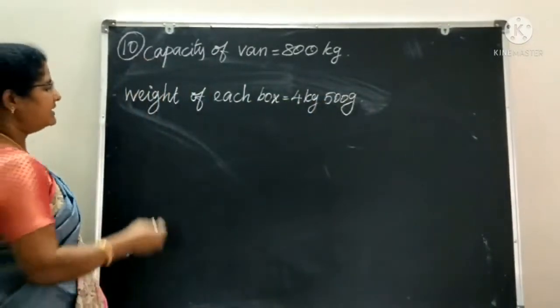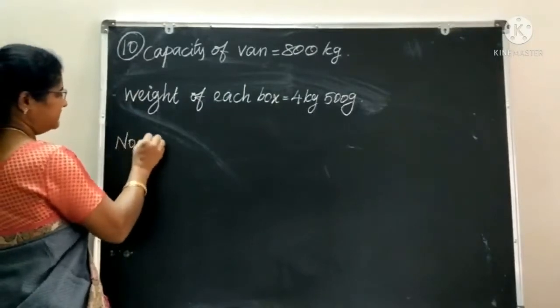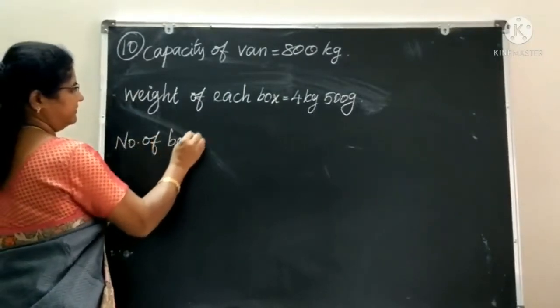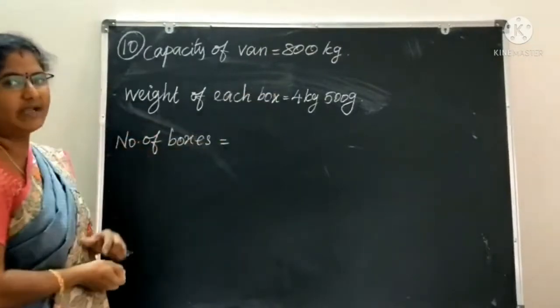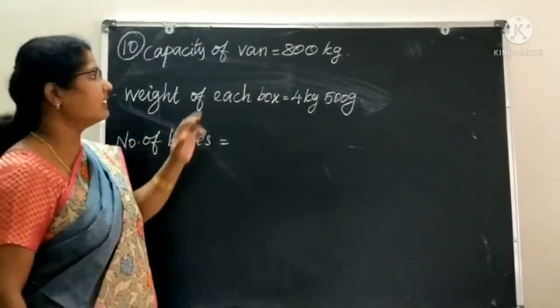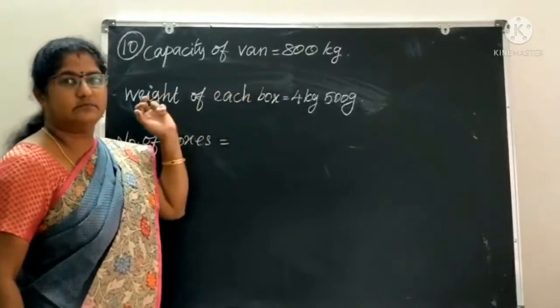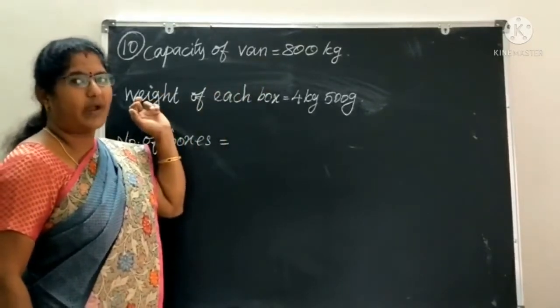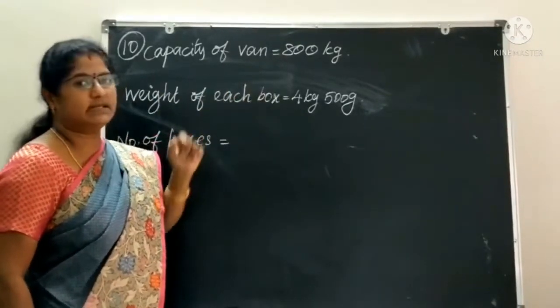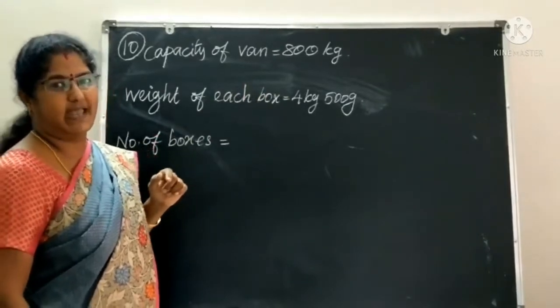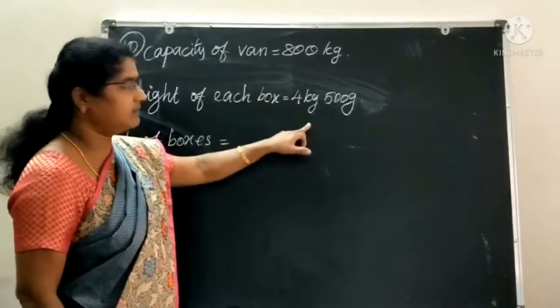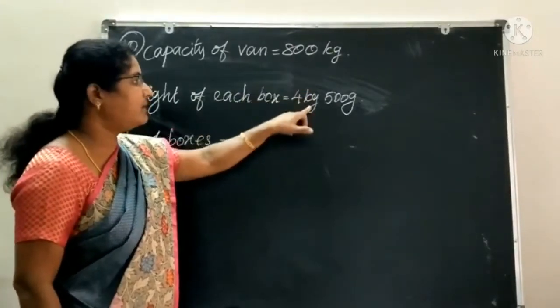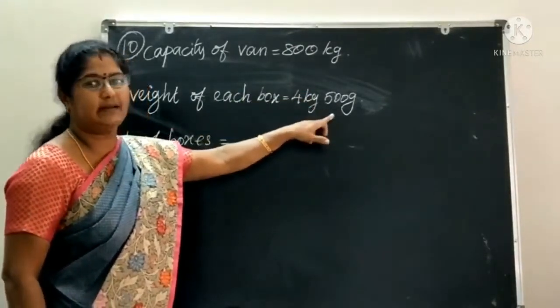Okay, now we need the number of boxes, so we have to divide. While dividing, the units should be the same. Both units must be the same. Is it the same here? No. This is kilogram, but this is kilogram and gram.